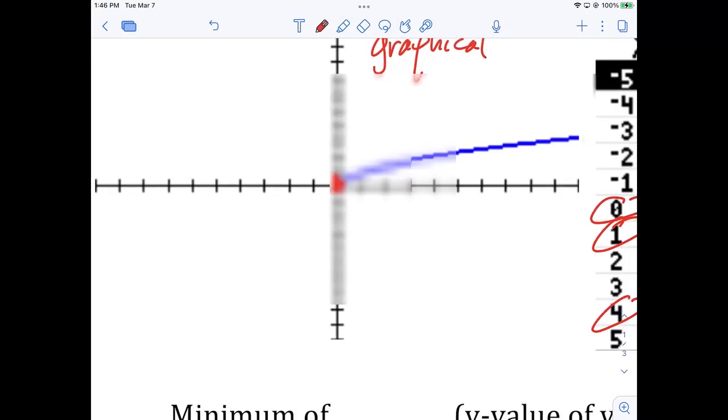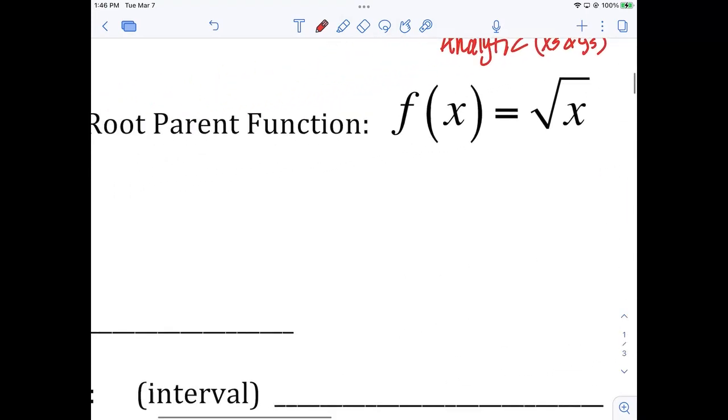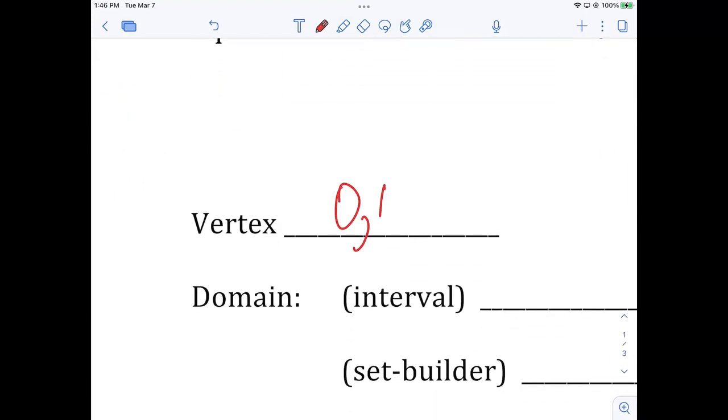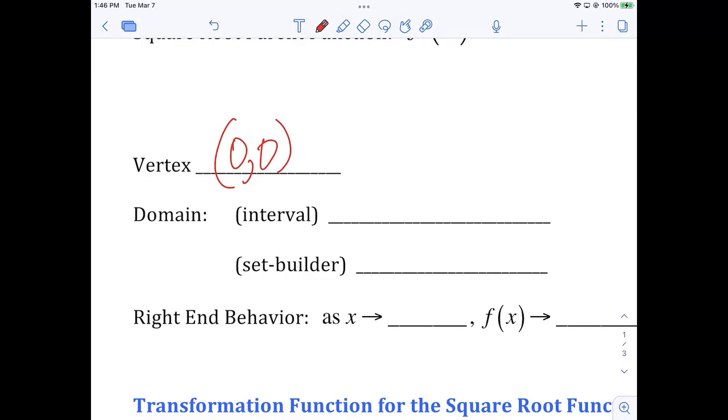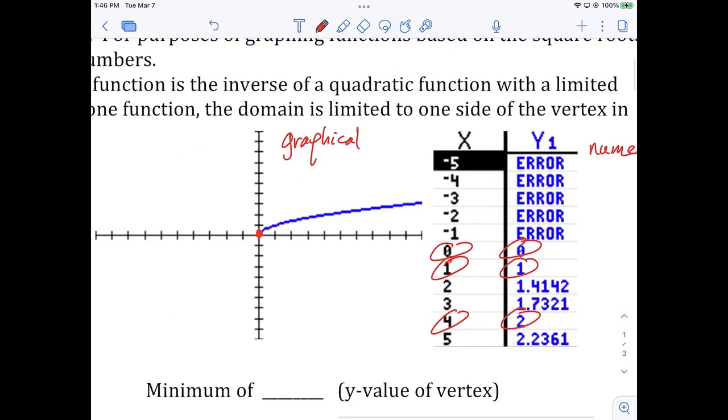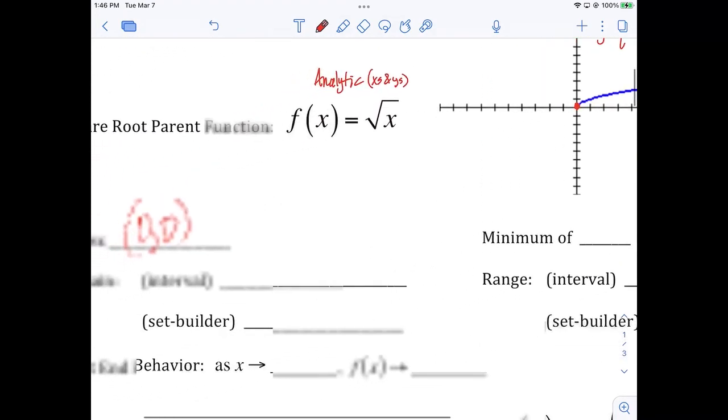So what's the coordinate of the vertex? It's at (0, 0). Okay, and we put that in parentheses. Let's just go straight down. The domain in interval notation. What's the domain? Is it all real numbers? No. It's only things that are positive or 0 at the very least.